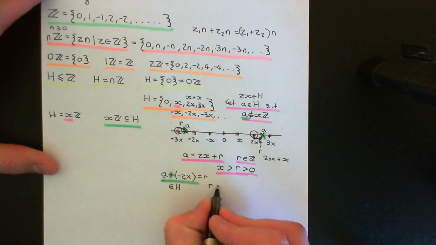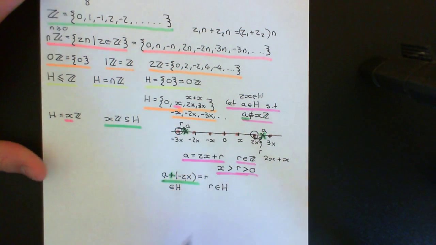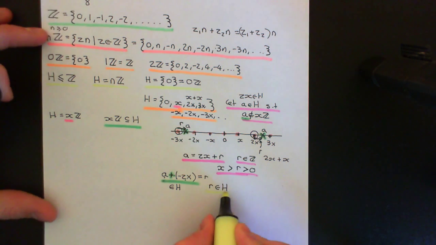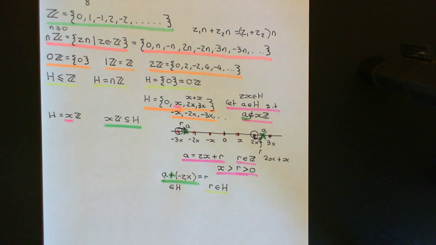So that therefore implies that r, this remainder, is an element of the subgroup, but that's a contradiction because r was smaller than x and it was positive. So I've now found some positive integer that's in capital H which was smaller than x, and I assumed that I had picked x because it was the smallest positive integer.